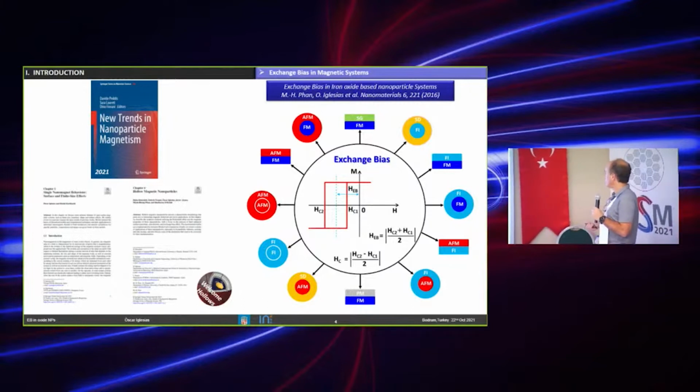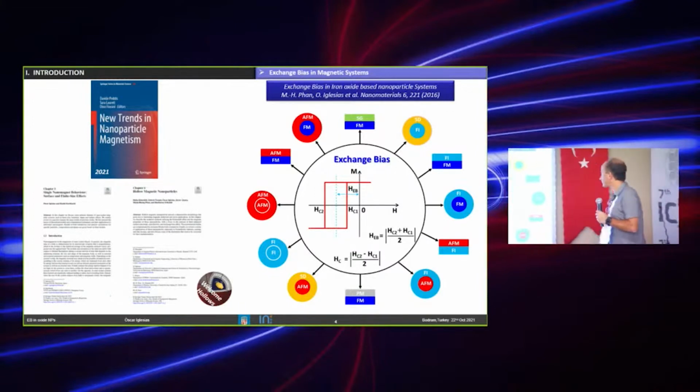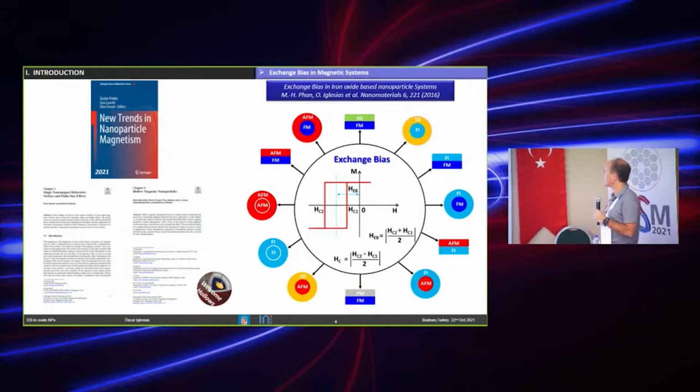So as you see in this cartoon, this shift in the hysteresis loop has been observed in many different kinds of nanoparticle systems and also thin films. All of them having in common two different magnetic phases which are coupled together at some interface. The geometries here are mostly spherical, but they have also been obtained in some others, right?